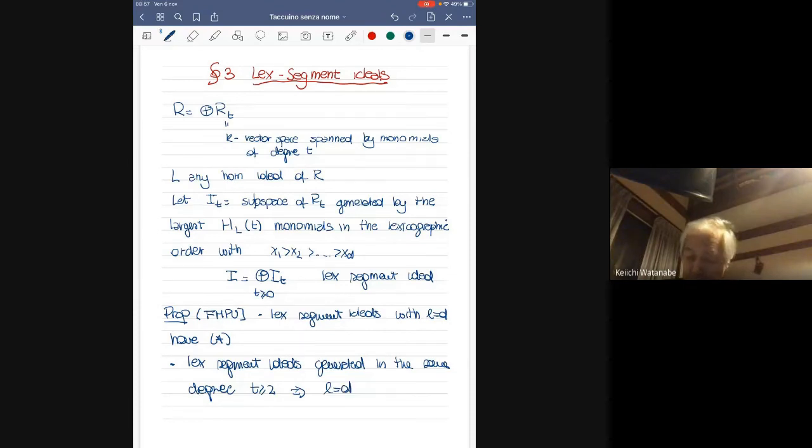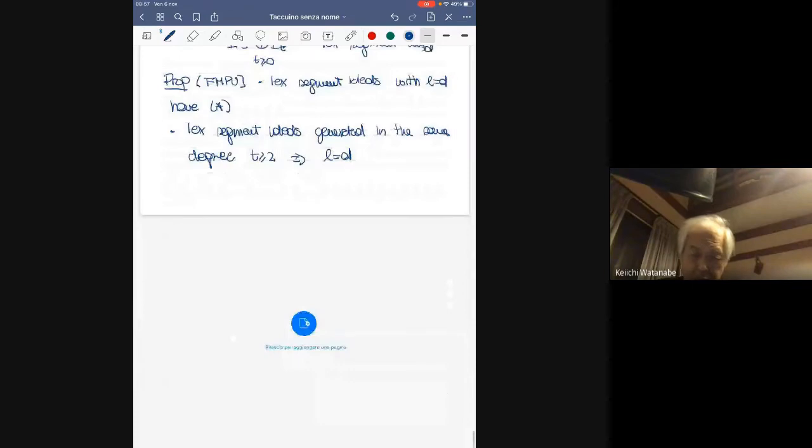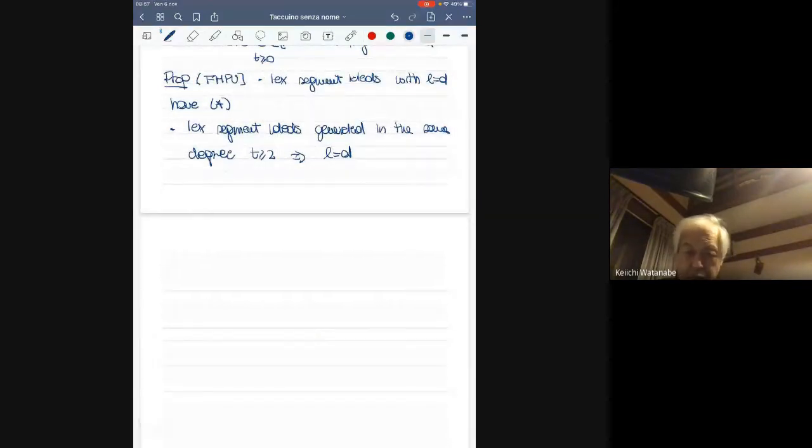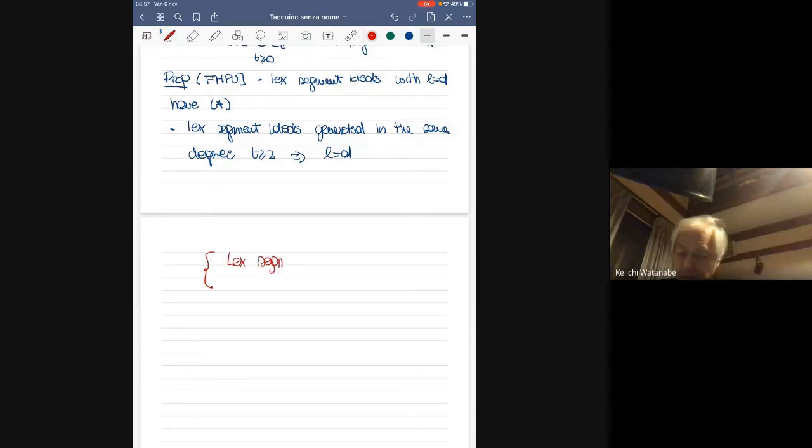So practically, as soon as you assume that the lex segment ideal is generated in the same degree, then you immediately get all the conditions that I put in the proposition. So this tells you, let's look at the family of lex segment ideals generated in degree T, with T at least 2. And let's take our I now, not just a monomial ideal, but inside this family.